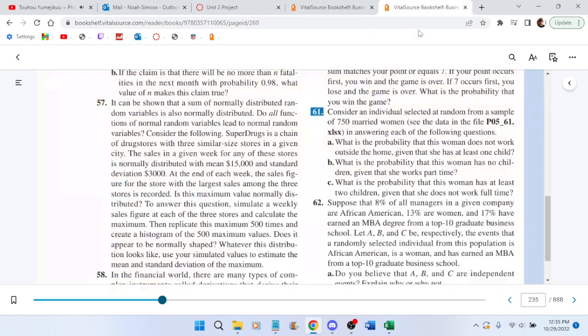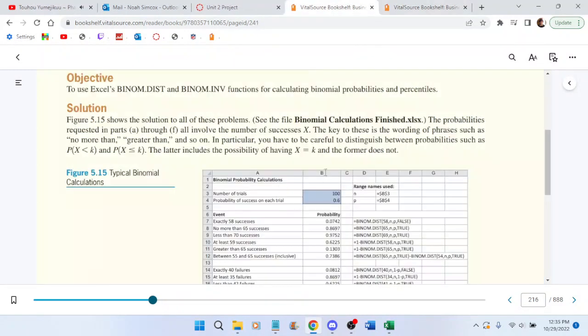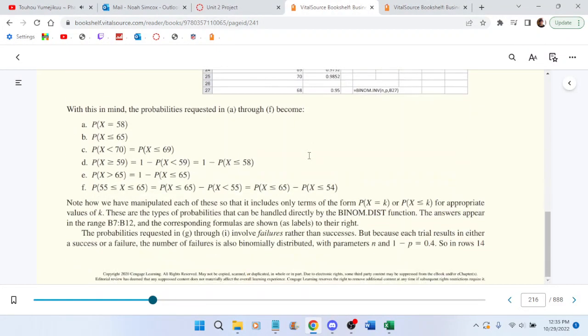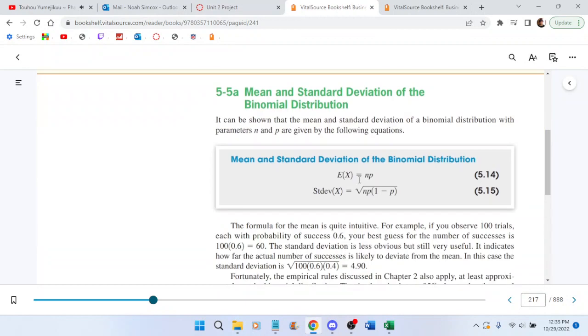What about something given that something? Given this, what's the probability of this? They're probably not going to explain how to do that one because they're stupid.